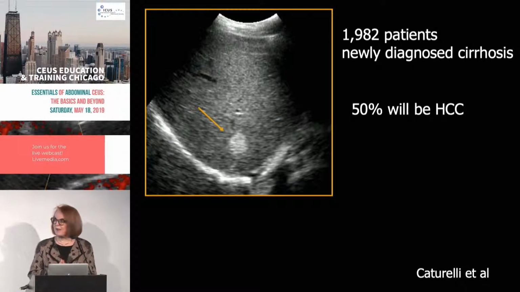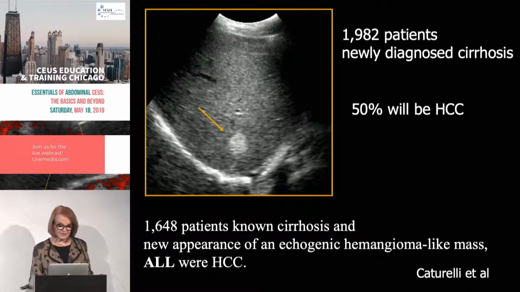But in patients that have a risk for HCC, we have to presume that that could be an HCC. In this big study, they looked at almost 2,000 patients with newly diagnosed cirrhosis. And in these patients that had a hemangioma-like nodule, 50% of them turned out to be HCC.